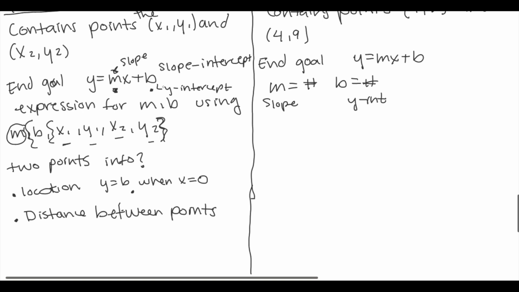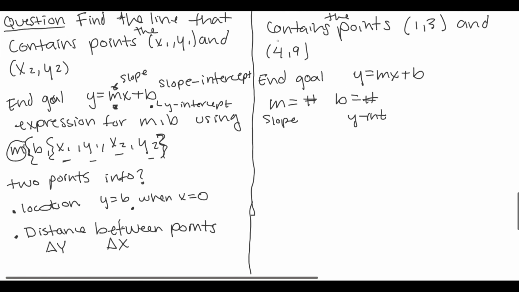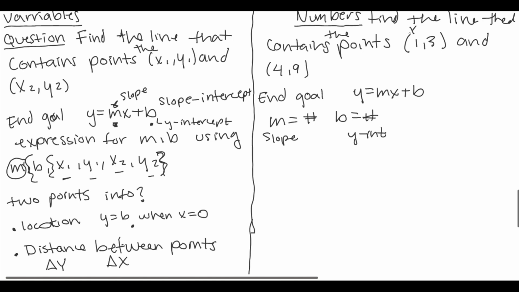So we want the distance between 2 points, namely the change in y and the change in x. So do we go up? Do we go down? What's going on? Over here we've got x1, y1, x2, y2.